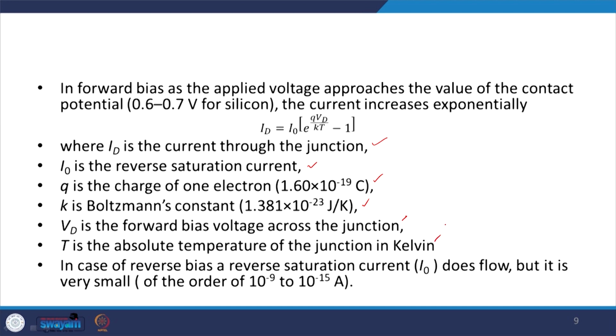Now, in case of the reverse bias, the reverse saturation current I0 does flow, but this current is very small, of the order of 10^-19 to 10^-15. So that is why we assume that the current flow across the junction in case of reverse bias is almost 0.